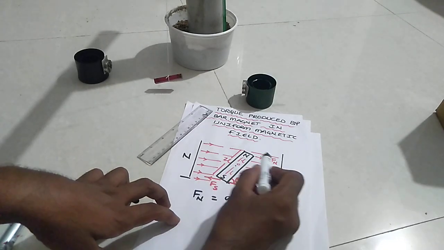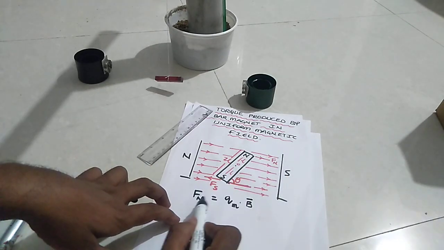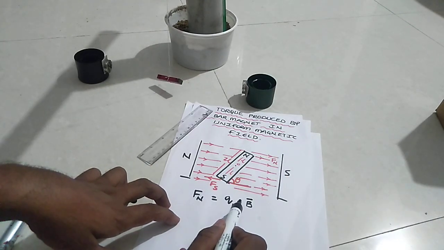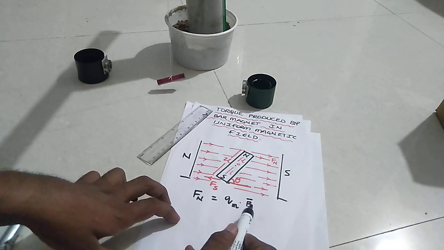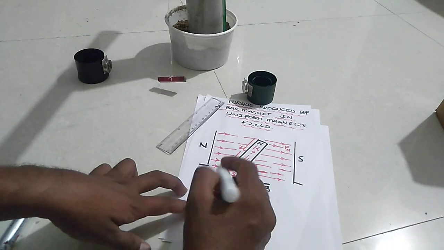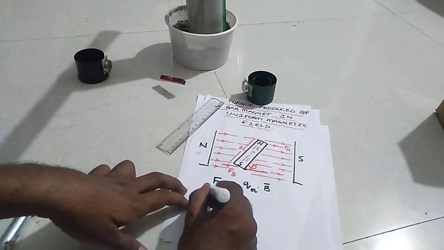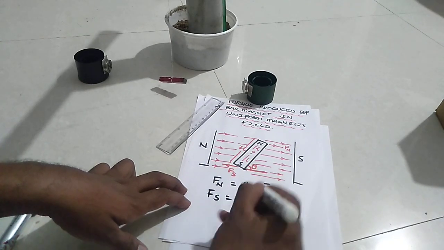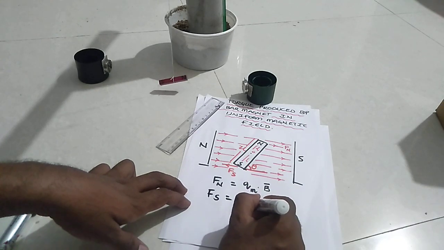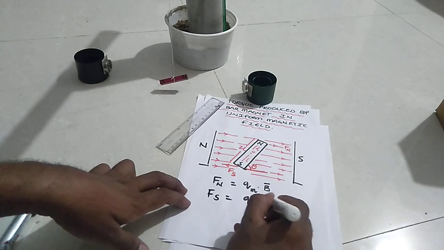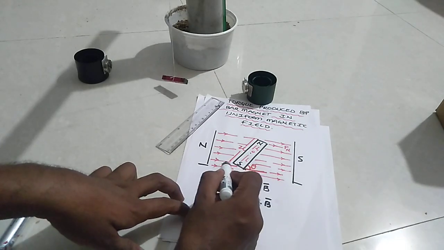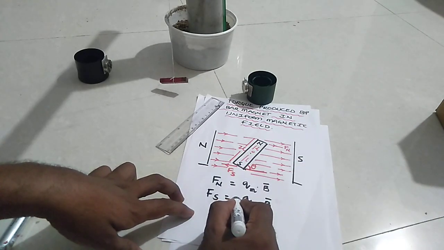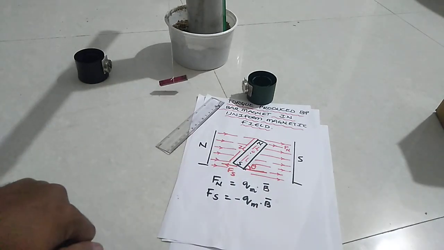So this value of force Fn is equal to Qm into B, where B stands for magnetic field strength. Because of this, Fs is again the same value, Qm into B vector, but in this direction, which is opposite to the direction of flux. That's why we are going to take the value as minus.